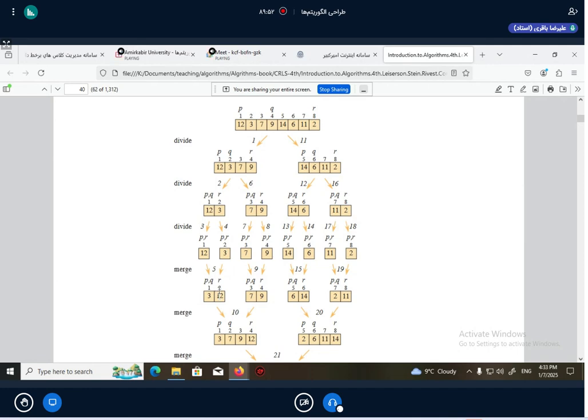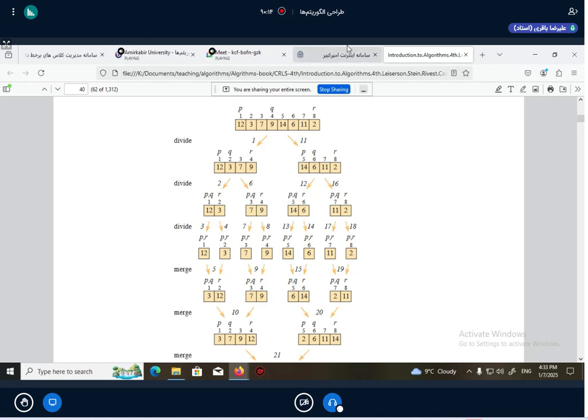Then the next function call is here. The 6th function call is the function call of merge sort for this part. So these numbers show the order of function calls.